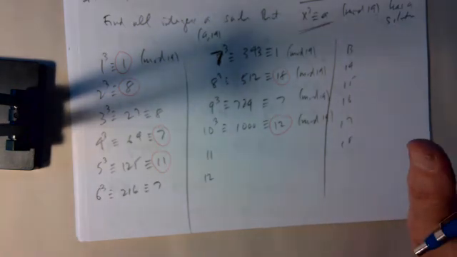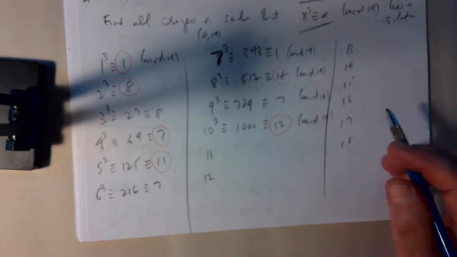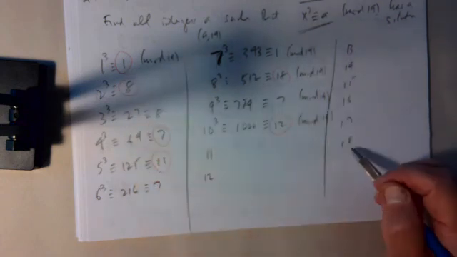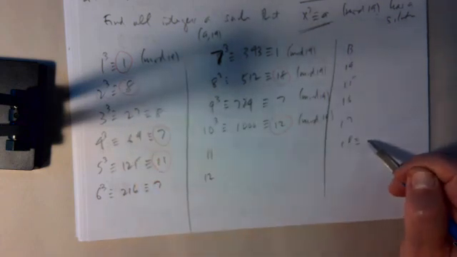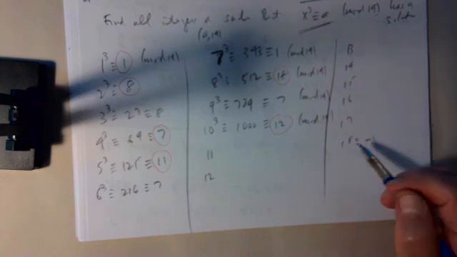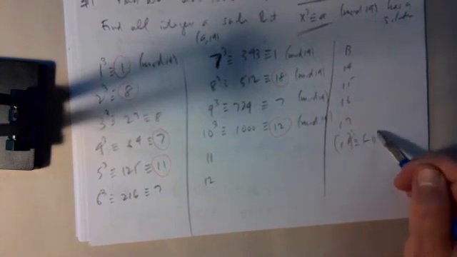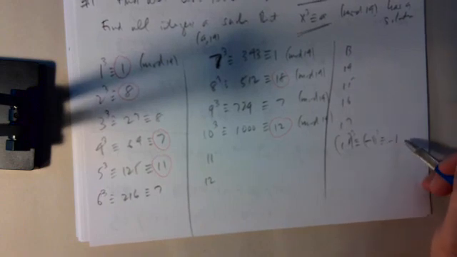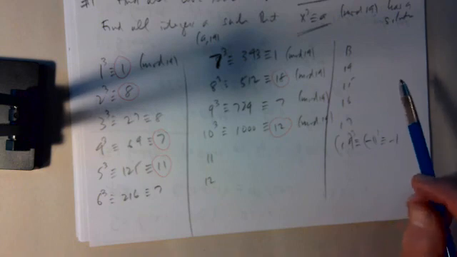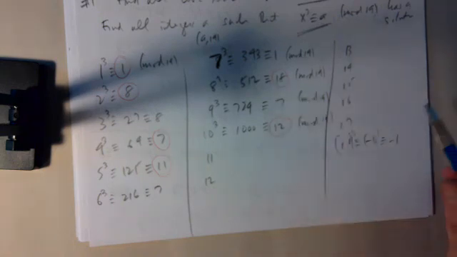Of course, there's one cubic residue that you always get, because 1 cubed is 1, and 18, which is -1 mod 19. So 18 cubed is minus 1 cubed. You're always going to get plus or minus 1 as cubic residues.